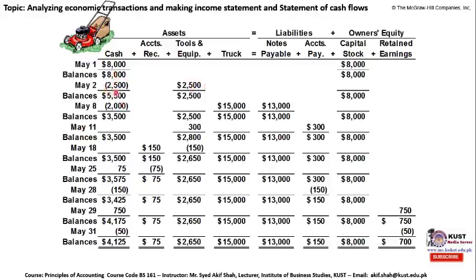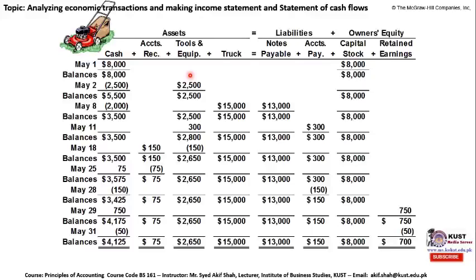So $2,500 was deducted or subtracted from the cash title, and similarly $2,500 has been added under the column of tools and equipment. Dear students, we can directly make a statement pertaining to the May 2 transaction in this fashion.